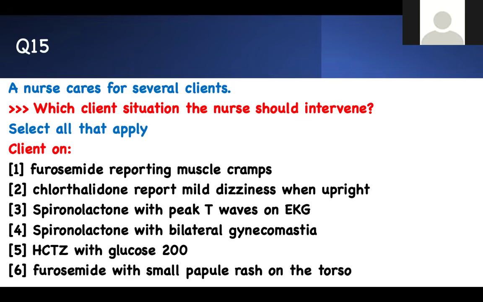This is a hydrochlorothiazide derivative. The client on what? Spironolactone, a potassium sparing, with the peak T wave. The client on spironolactone with what? Bilateral gynecomastia. Client on what? Hydrochlorothiazide, and he has what? Glucose of 200. Client is on furosemide with a small purple rash on the torso.